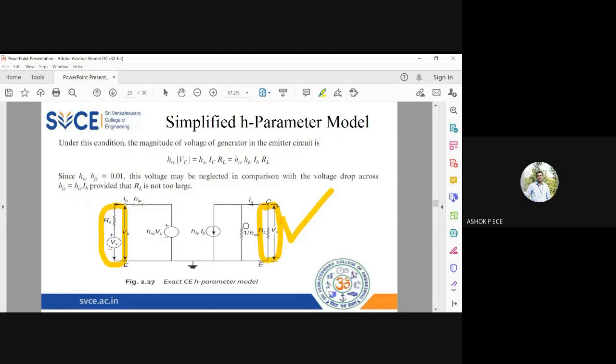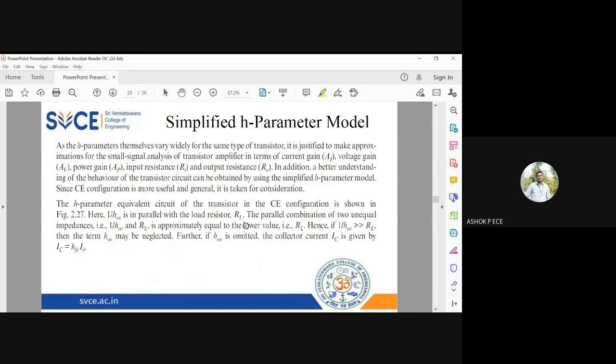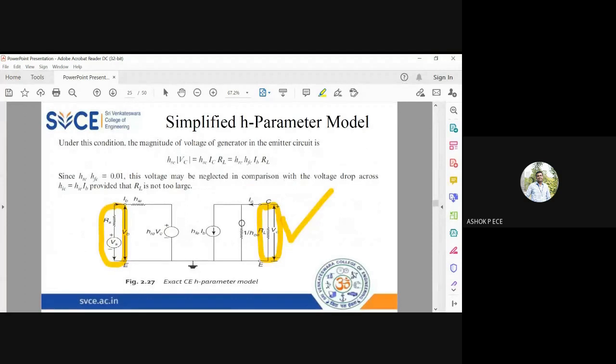And you see in the output side, the first approximation. In the output side, this 1 by HOE is very large compared to RL. You have two resistances in parallel at the output side, 1 by HOE and RL. The 1 by HOE is very large, so I can consider it to be an open circuit. Whether it is there or not makes no difference, so I'm going to remove this 1 by HOE.